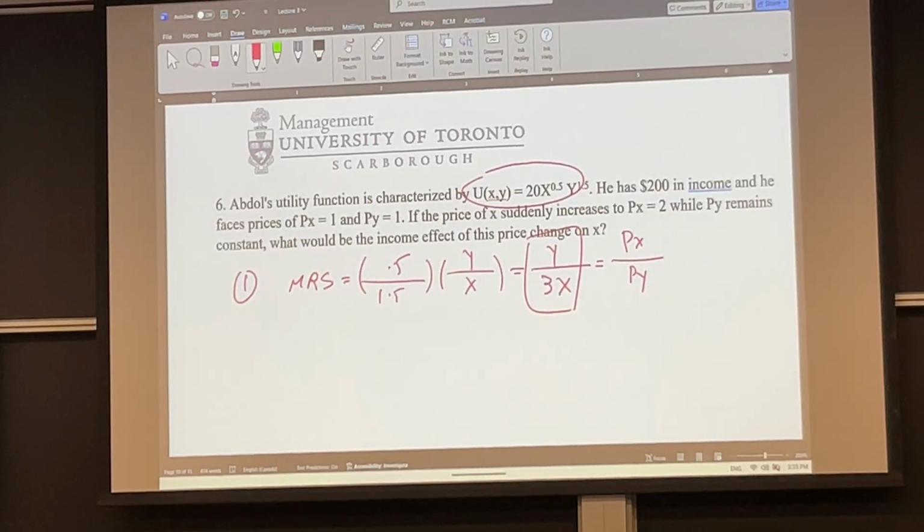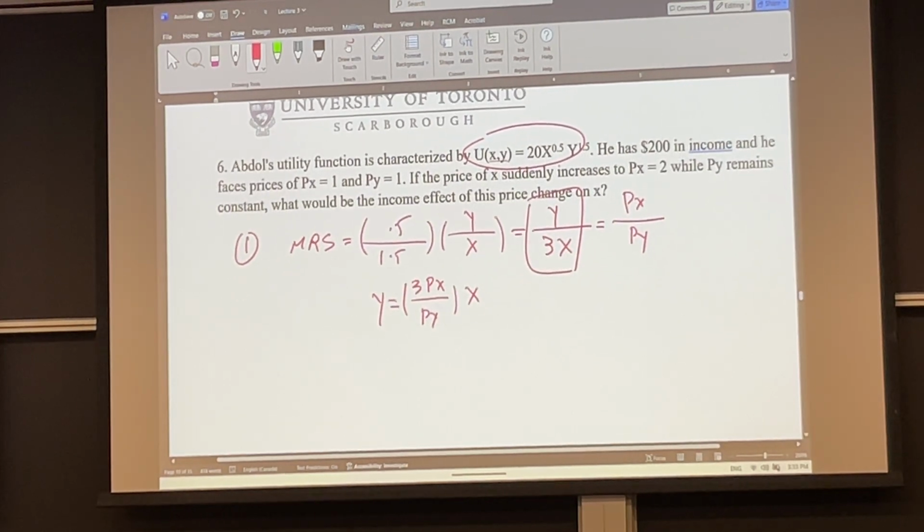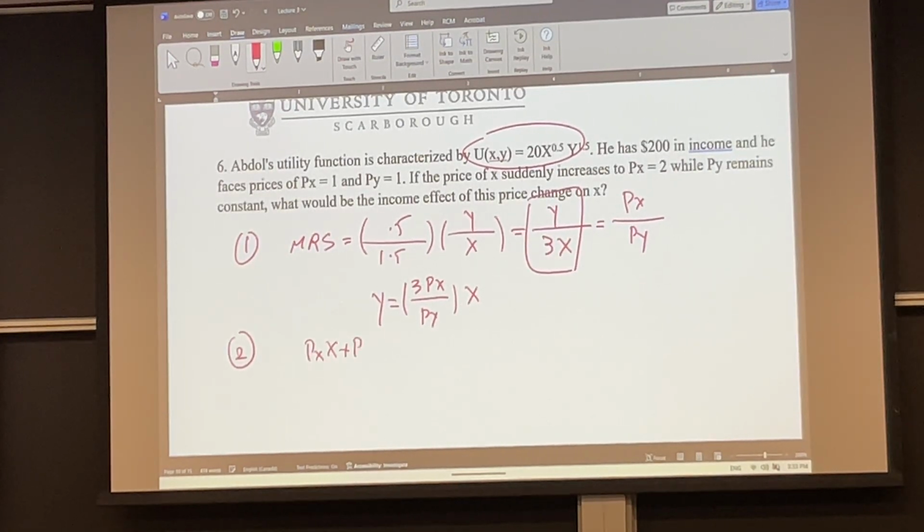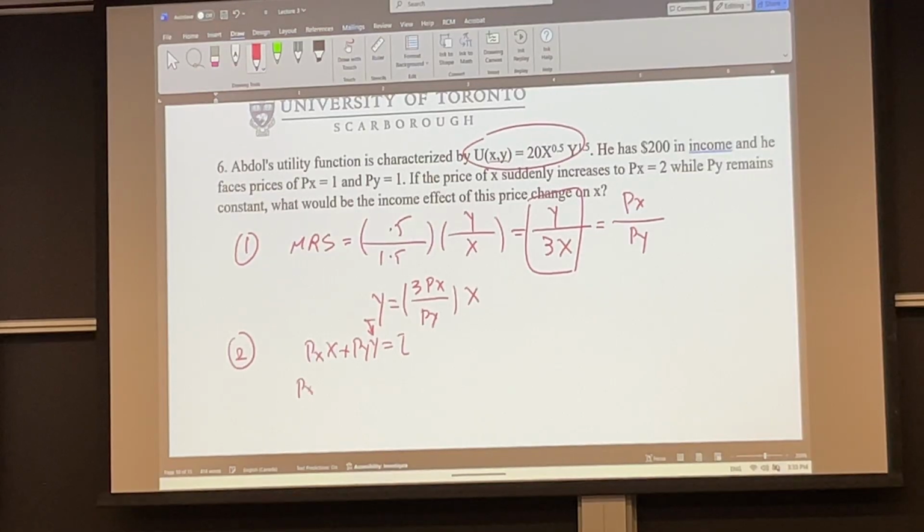So we're going to solve for Y. That is what we get, right? Okay. And then we're going to use the budget line. You plug this there and solve it.